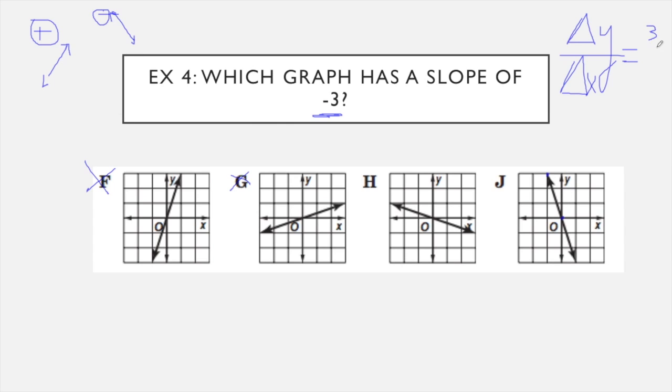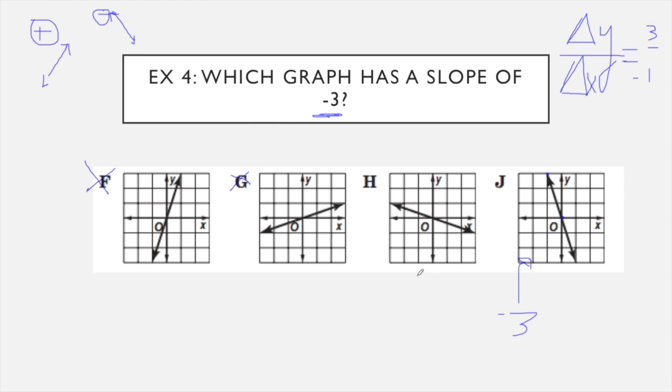So I'll put a 3 here. How did we change going left and right? Well, we went from here to here. We went 1 unit to the left. But to the left is negative on x, because going left is negative, right is positive. So that's a negative 1. So 3 over negative 1. So the slope of J is in fact a negative 3.